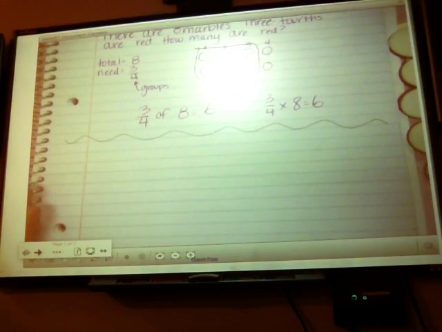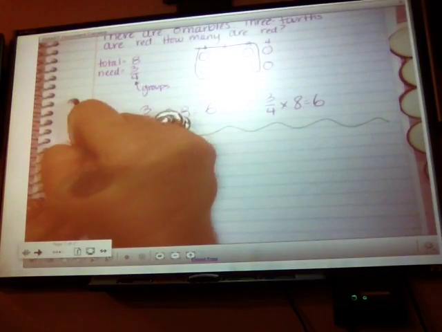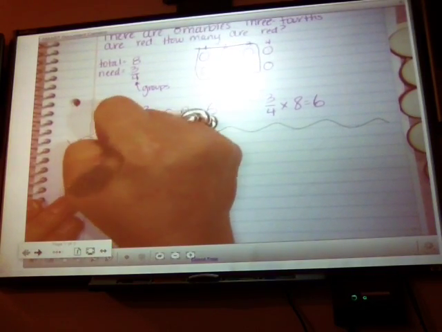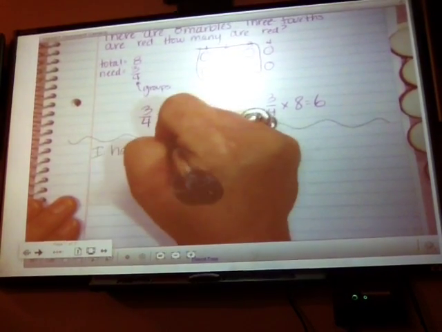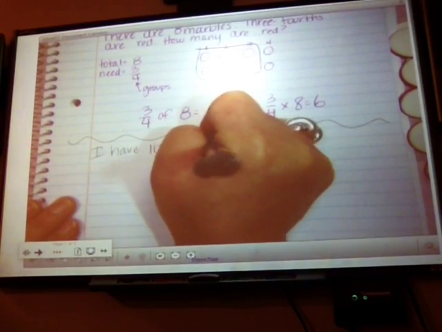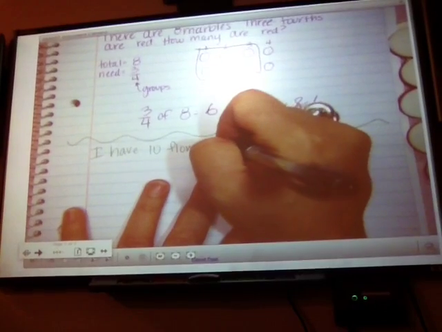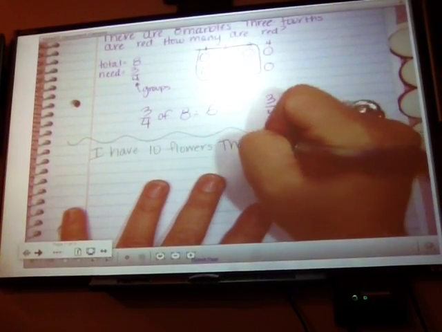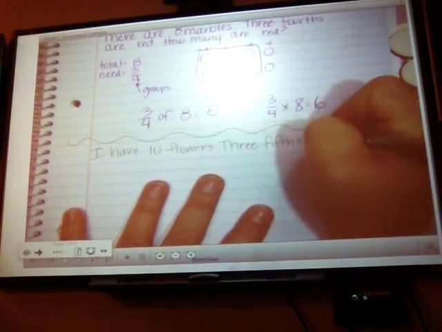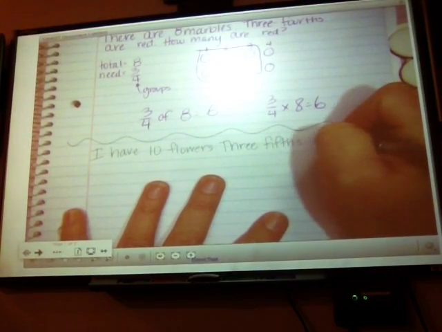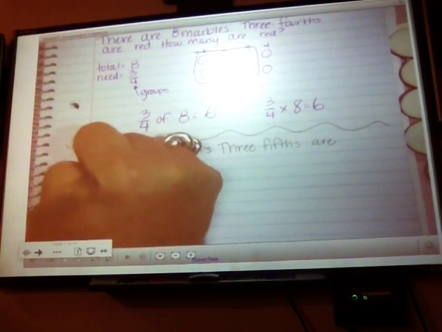Okay, my next problem is I have 10 flowers. 3/5 are pink.